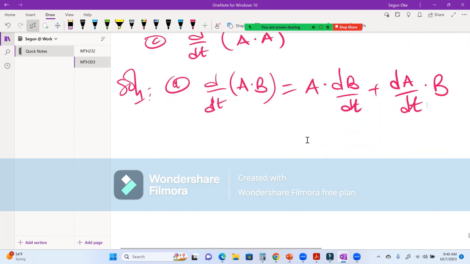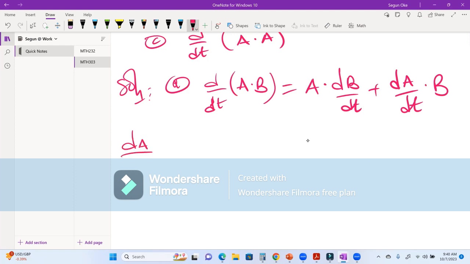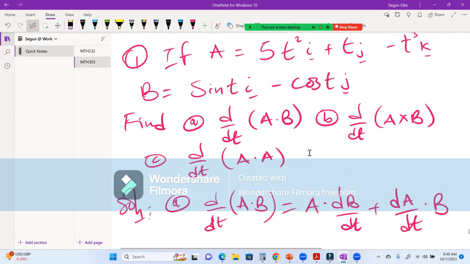Now, we need to find dA/dt and dB/dt. Let's look at A first. When differentiating A, what do you have?